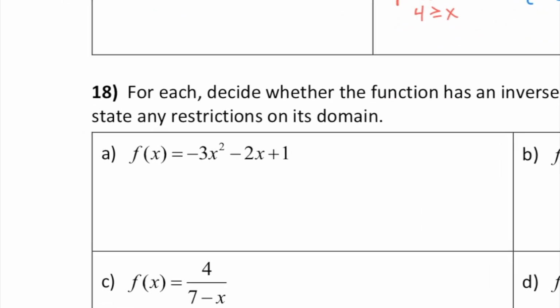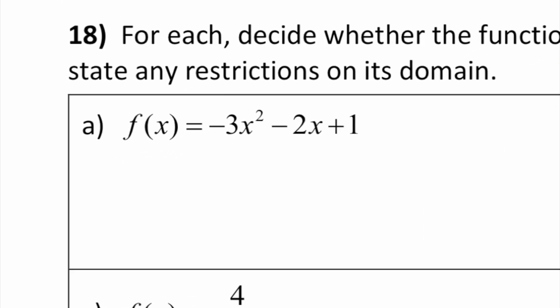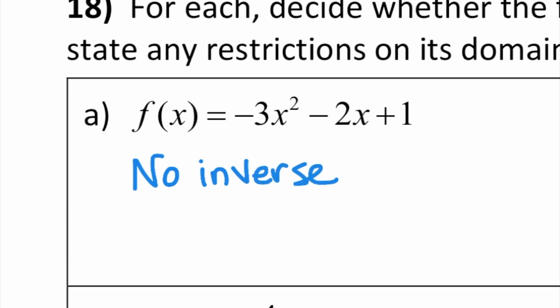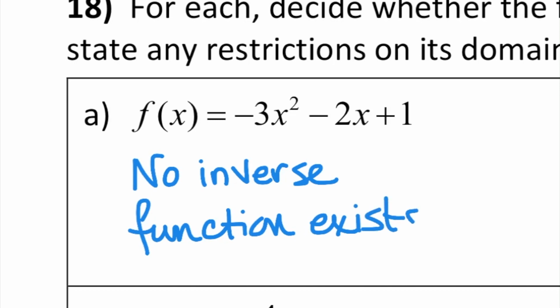Now, for number 18a, when you graph that, it fails the horizontal line test. So don't compute an inverse function if it fails the horizontal line test, therefore it's not one-to-one. No inverse function exists because it is not one-to-one.